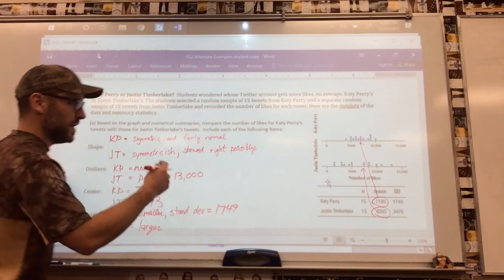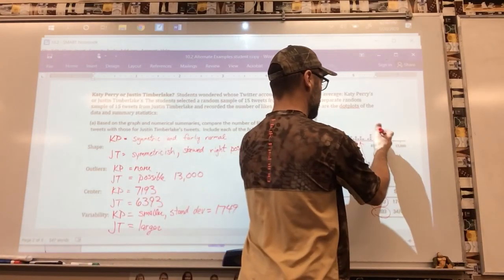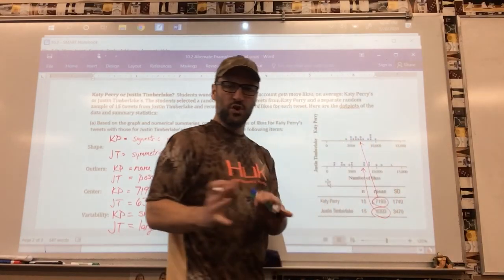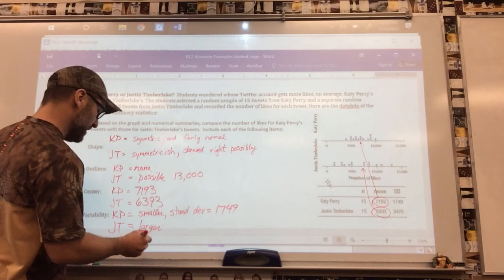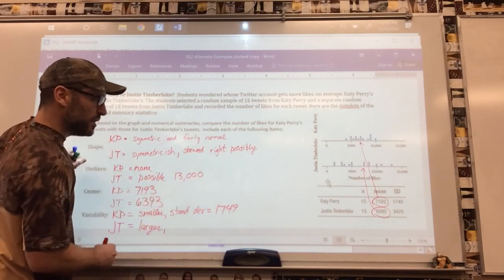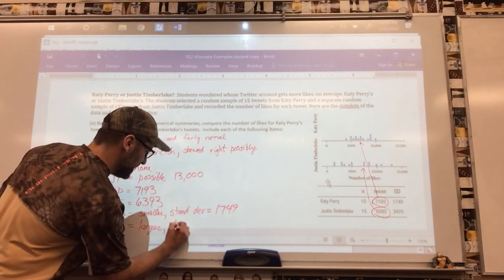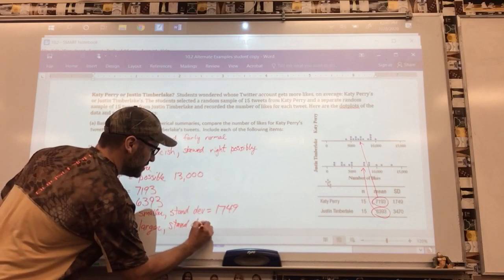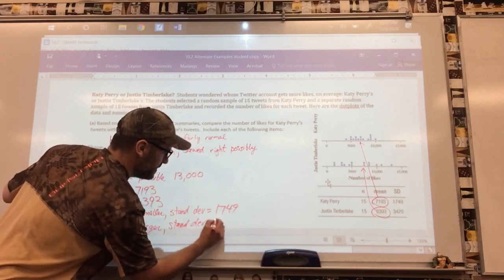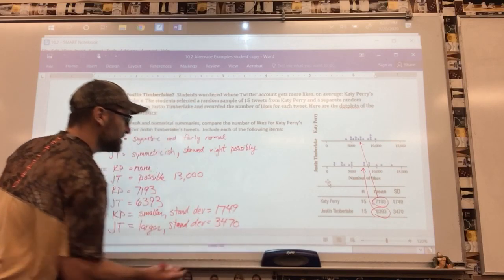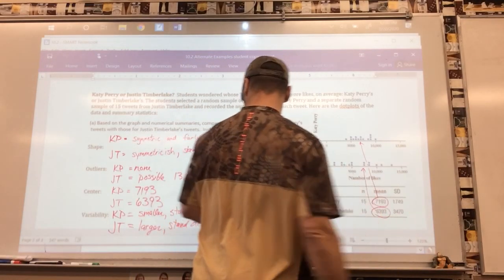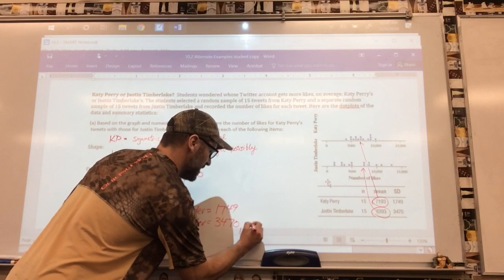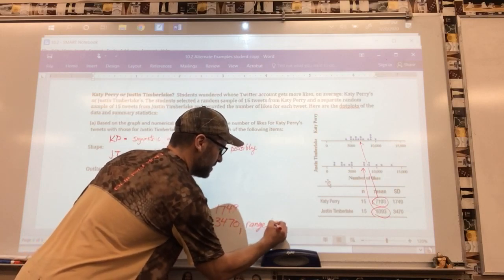You can see his range as well. Katy Perry has a smaller range here, which created her smaller standard deviation. But JT's is definitely more spread out, and he's got a standard deviation of 3470. He also has a larger range of values. I'm going to put that range is larger.